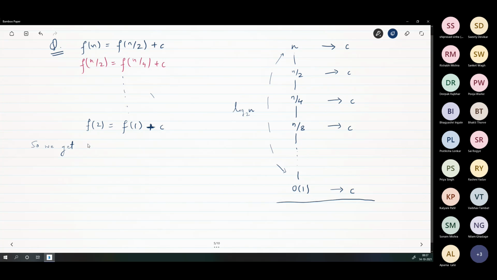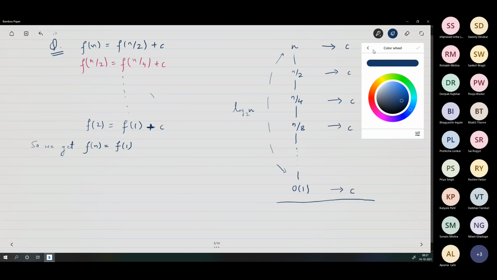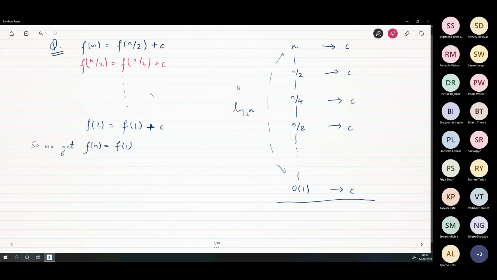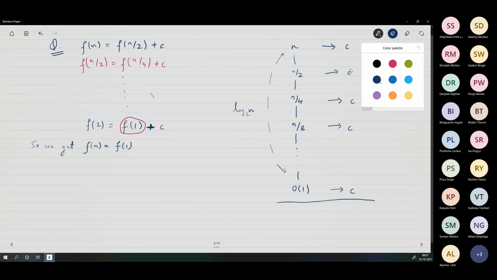You will get finally f of n equal to f of 1 coming from here, and then there is a c for f of 2, a c for f of 4, a c for f of 8. At all the higher levels you don't have a function value anymore.